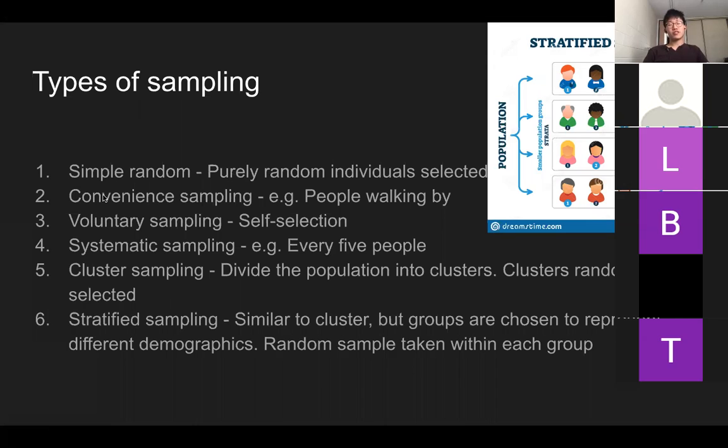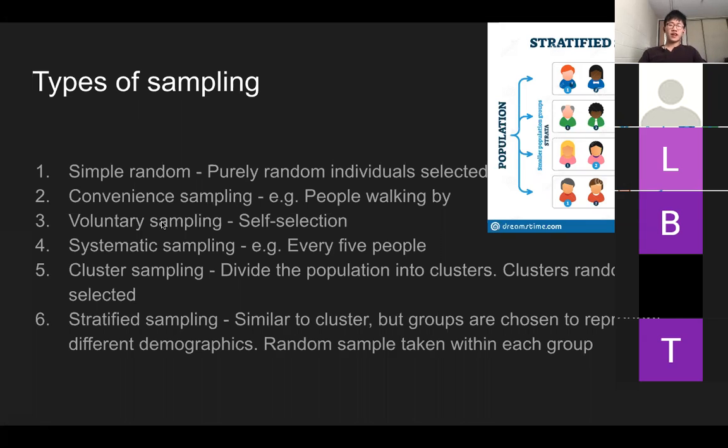So, I'm standing in a mall and take the first 10 people who walk by. Voluntary sampling is where I send out something for people to volunteer. They come and self-select. Systematic sampling is having a system such as every 5 people or every 6 people who walk by, or in a register, take every 6 people.